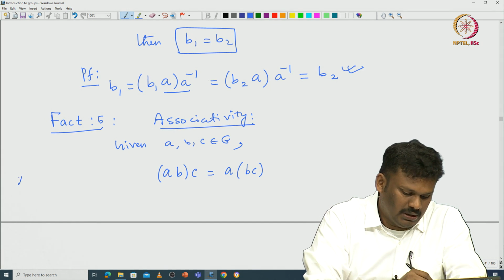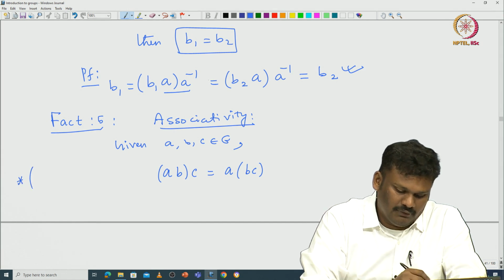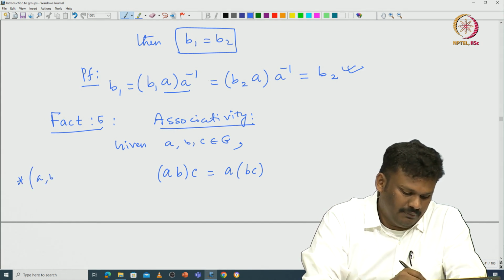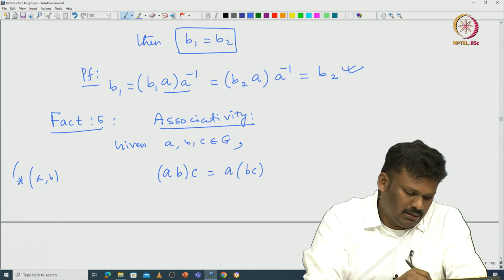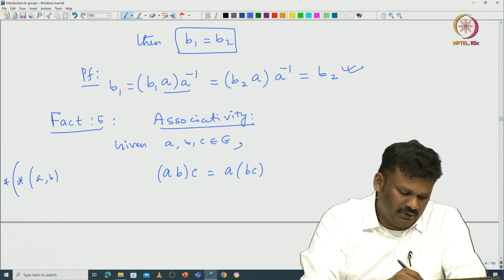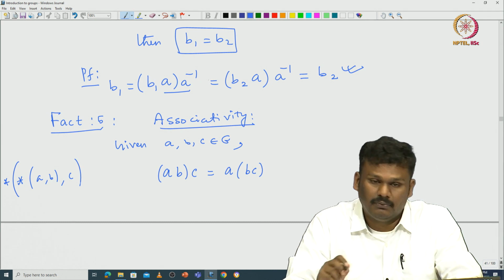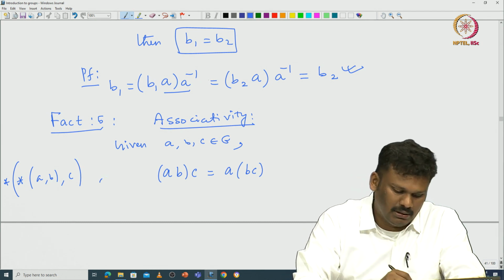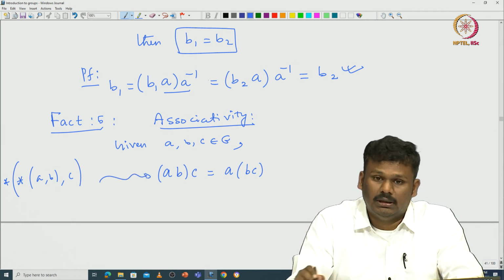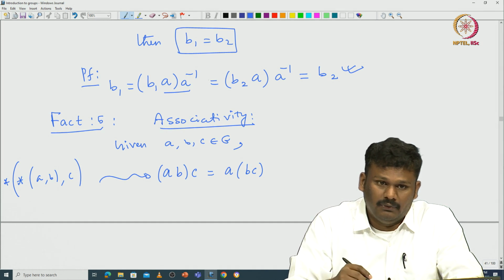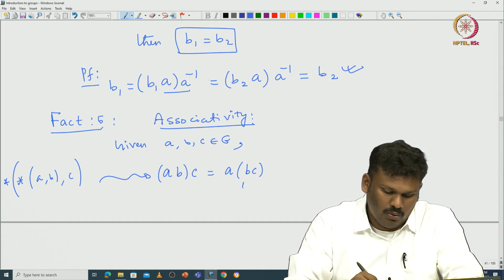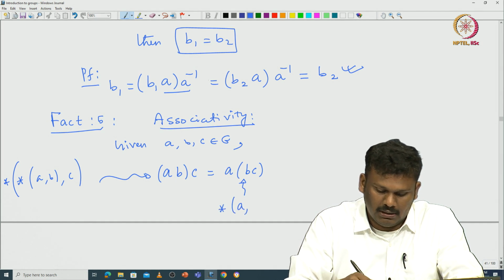You take star of first A comma B and then take star of that with C. This is the element that is there on the left side. But if you think about it, what is on the right side? It is star of A comma star of B comma C.